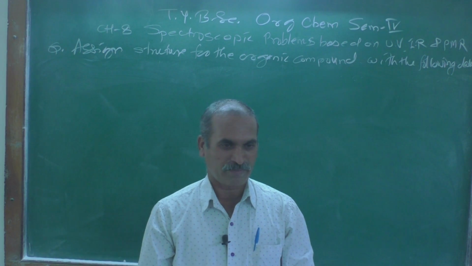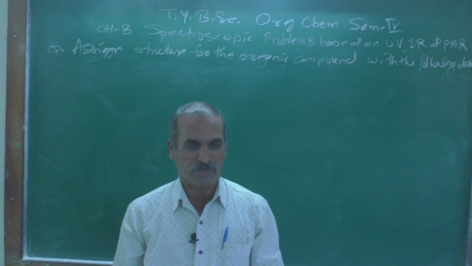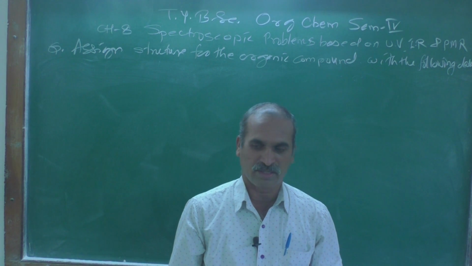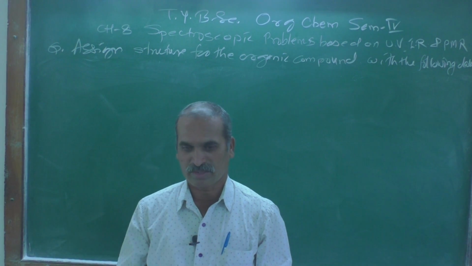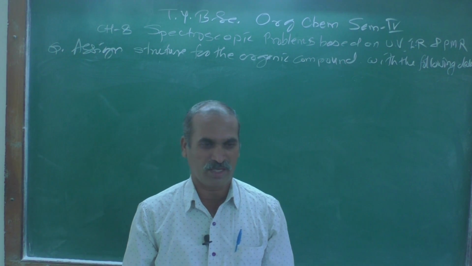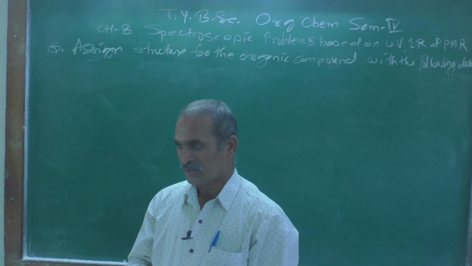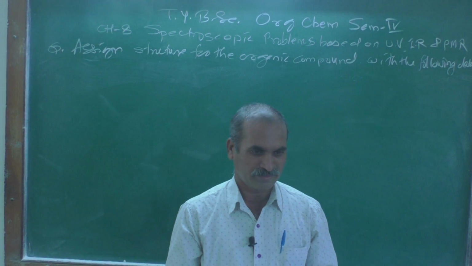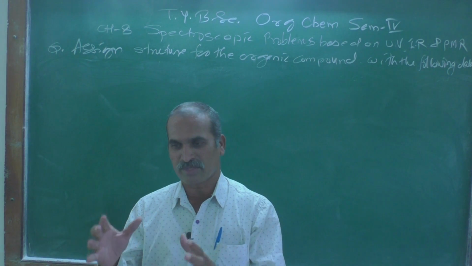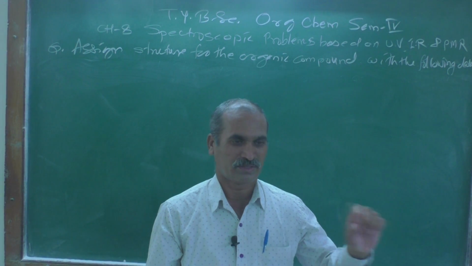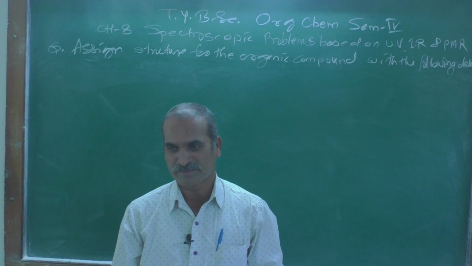As we know, each and every technique provides information regarding the structure of the organic compound in some way or other. Some of the techniques easily provide information about a part of the organic compound.